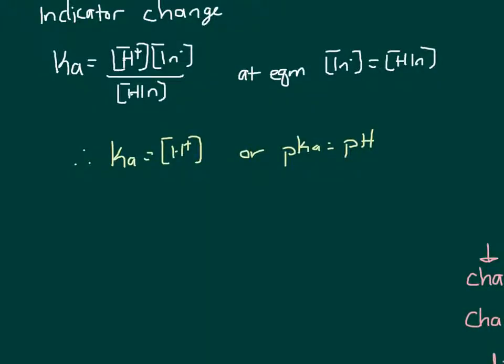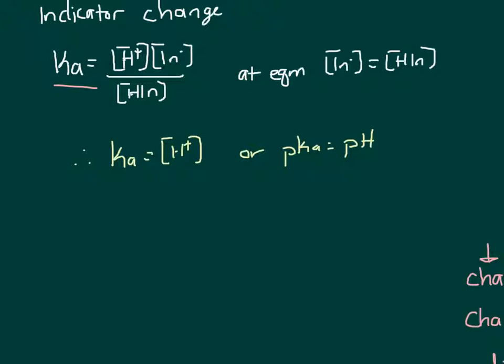How does this indicator change occur? Because the particular indicator we're looking at is an acid, we do have a Ka value. Therefore, we took that previous reaction and put it into a Ka or equilibrium expression. We have the hydrogen ions times the concentration of your indicator over the acidic indicator itself.